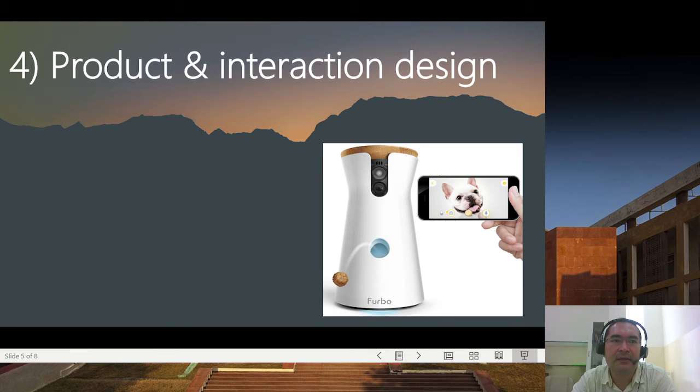So you need to consider the classical principles of product and interaction design. The only thing is that now, because of the complexity of these new products and services, you have to add things that usually you don't consider when you are designing a normal product that is not smart and not connected.